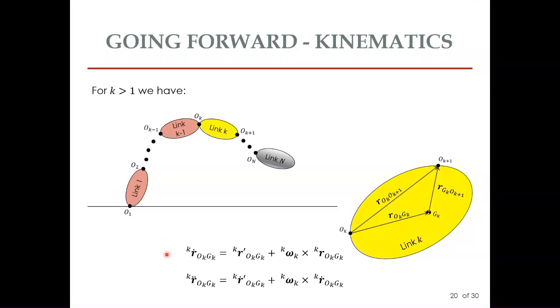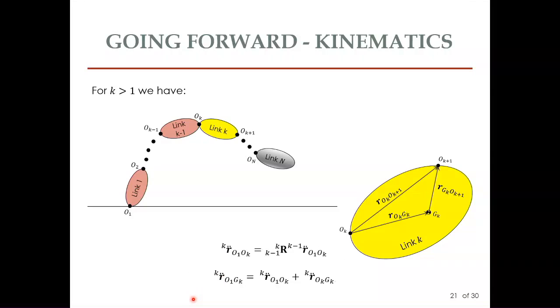So r_OkGk is simple golden formula. r_OkGk dot and double dot. Again, simple golden formula. And then you can have a look here. O1 Ok double dot. Maybe I'll specify here.